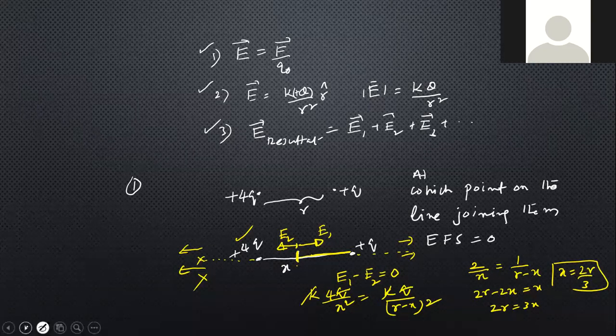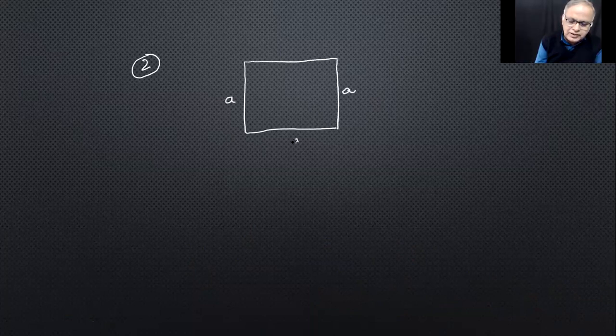Now, there are 4 charges like this at the corners of a square.